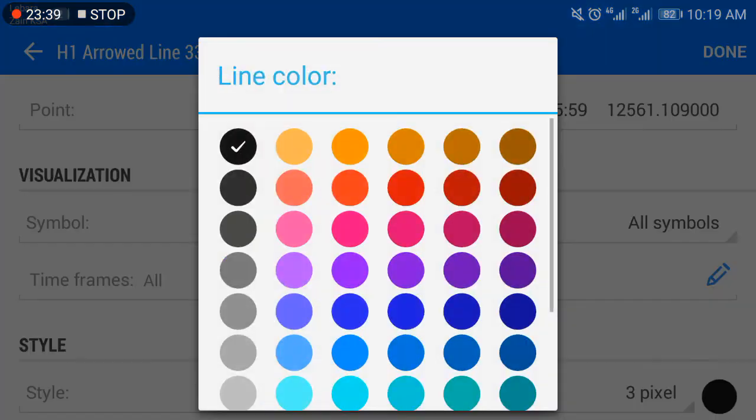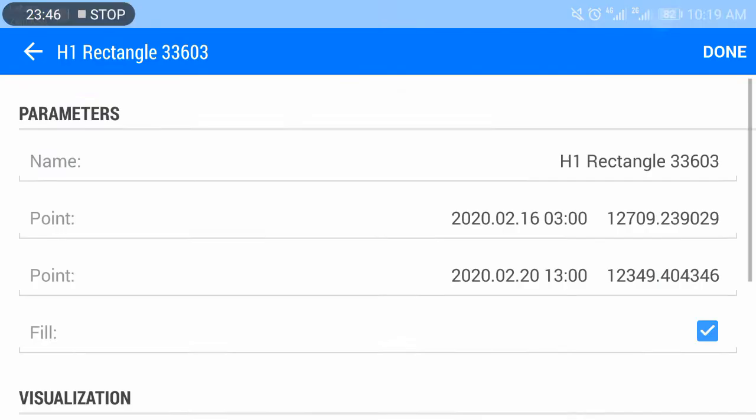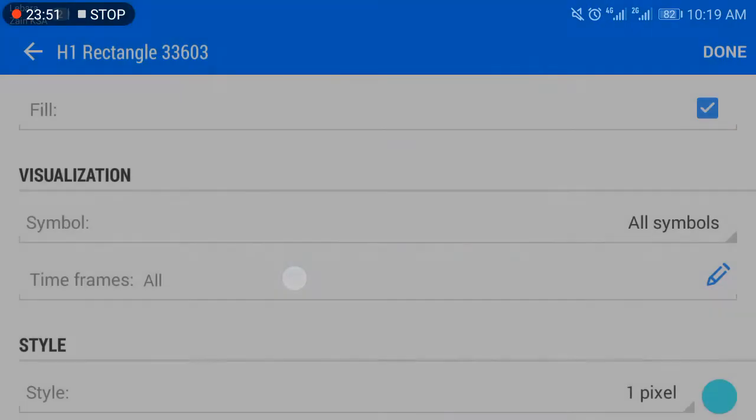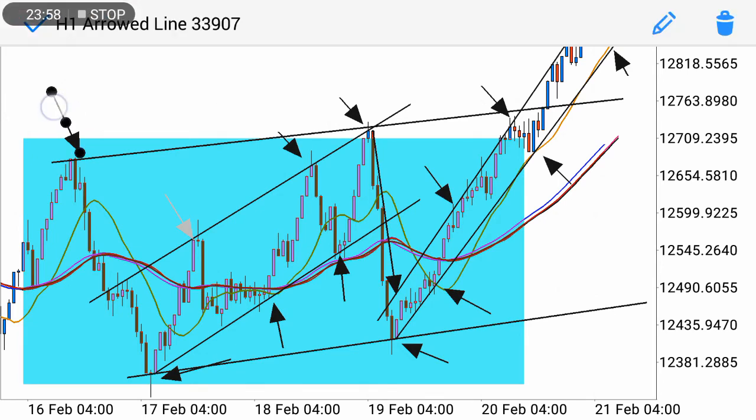No, I did it wrong. Let me change the color. Okay, look at this big picture, this arrow.